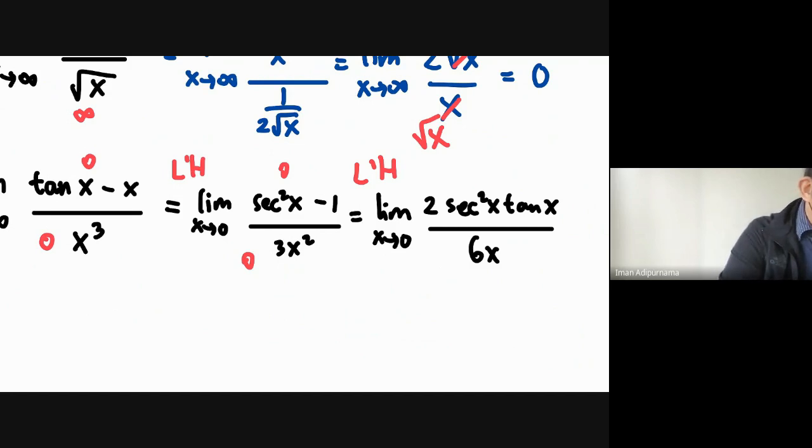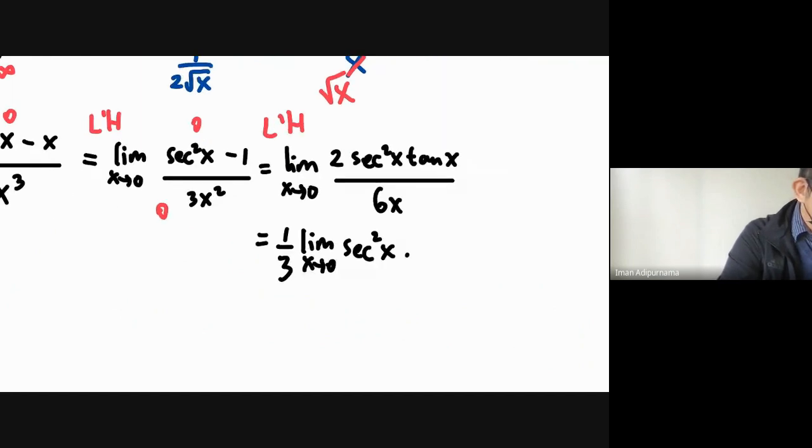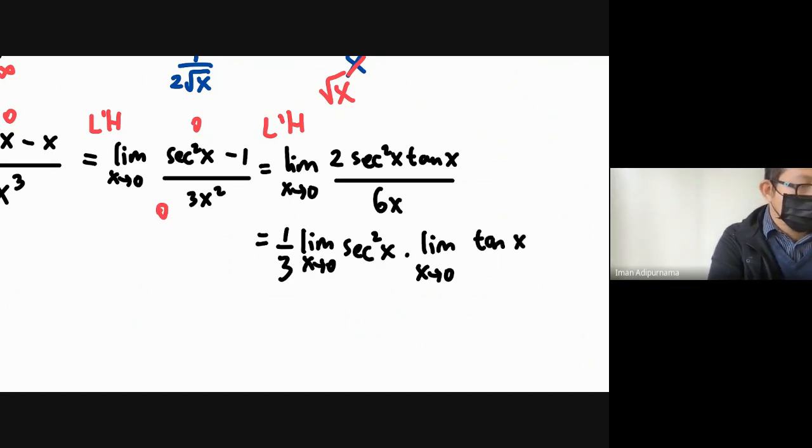Okay, now you can see that we have 1/3 times the limit as x approaches 0 of secant squared x, multiplied with the limit as x approaches 0 of tangent x over x.